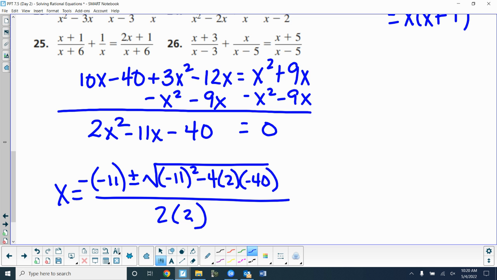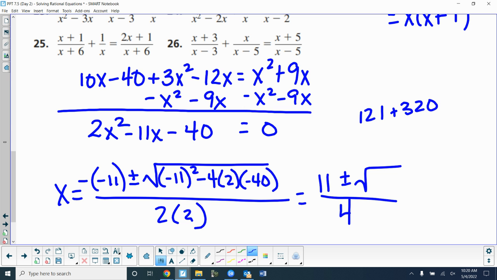So we get a positive 11 plus or minus 2 times 2 is 4, and 11 squared is 121. Negative 4 times 2 is negative 8 times a negative 40 is a positive 320. Right?